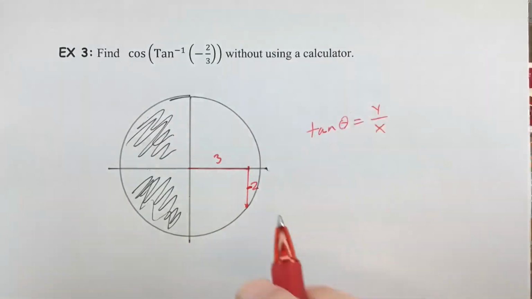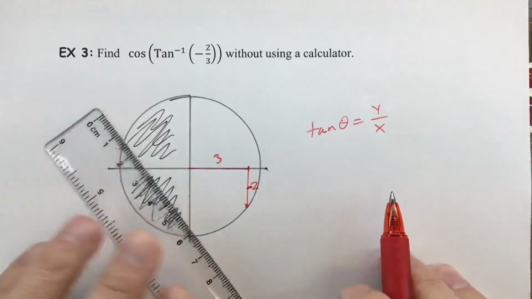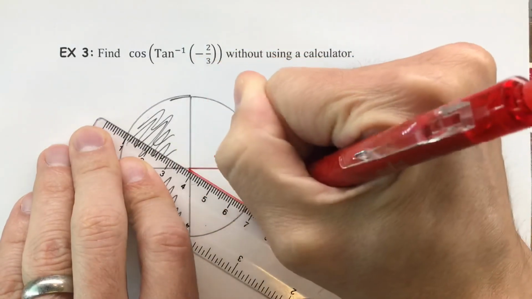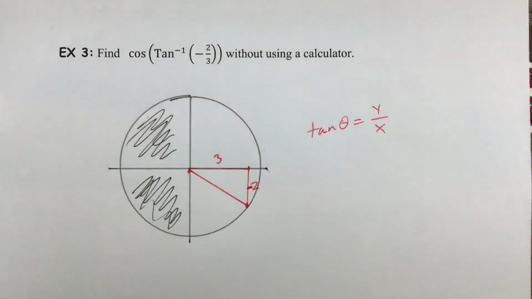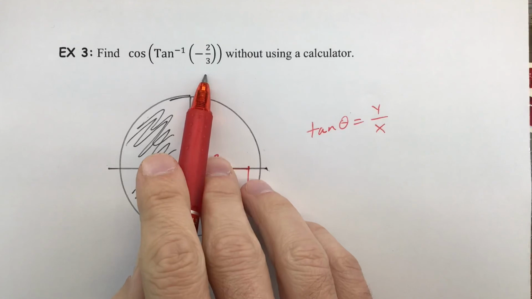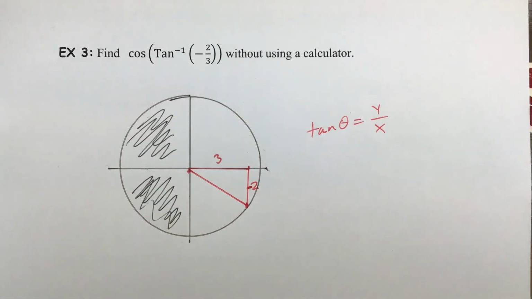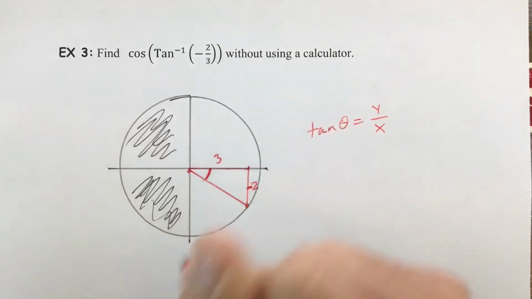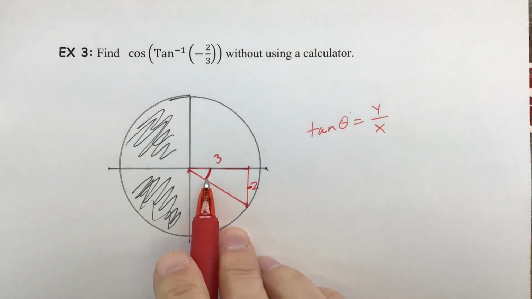That's where the negative goes. It's a -2 that's here. I'm going to go ahead and just draw this line because we're eventually going to need it. So the arctangent of -2/3 is going to find an angle measurement. It's actually going to find this angle measurement here. It's going to solve for that angle right there.